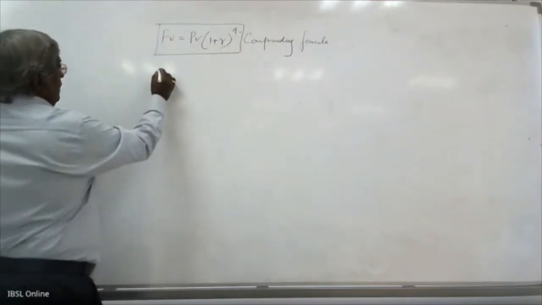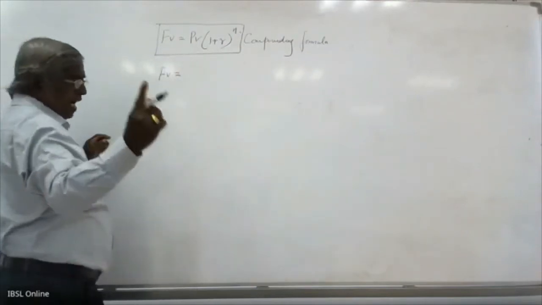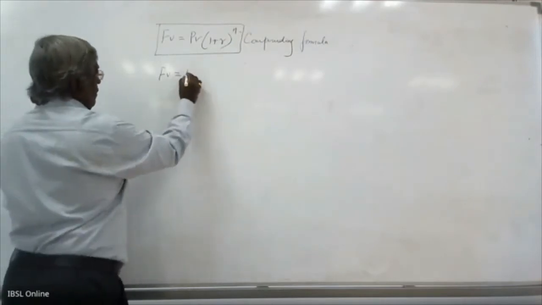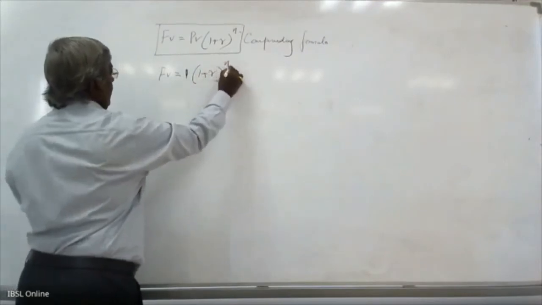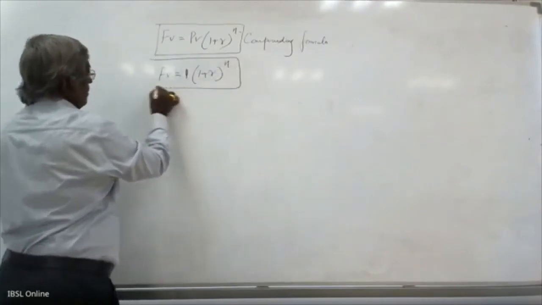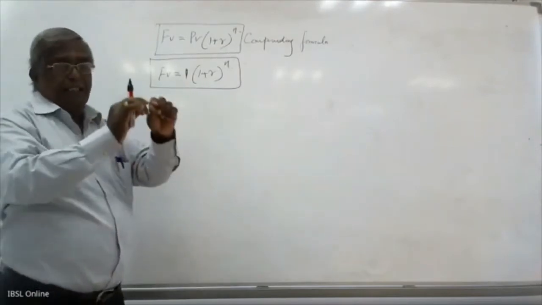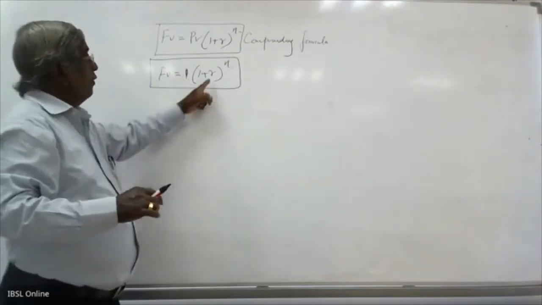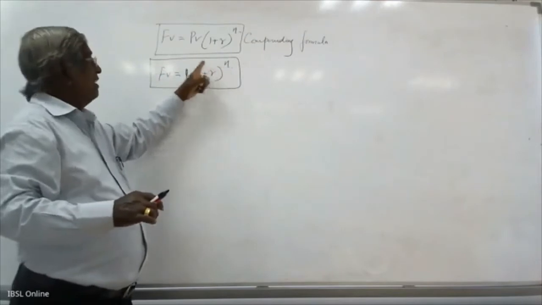Now, if the PV is 1 rupee, then the future value is 1 plus r to the power n. Now the PV is 1 rupee, so it won't change; for different r, it will change, and for different n, it will change.